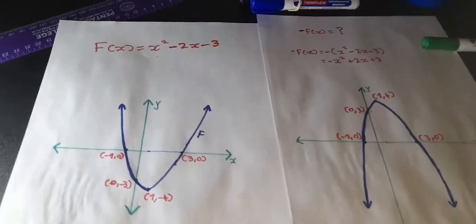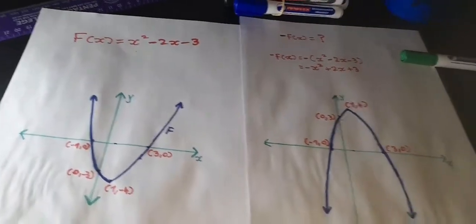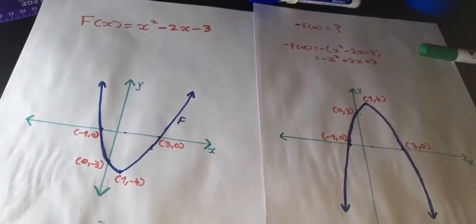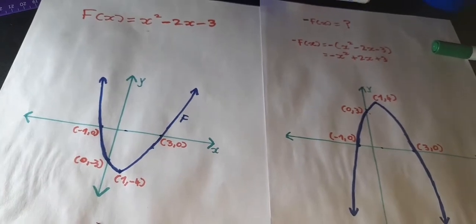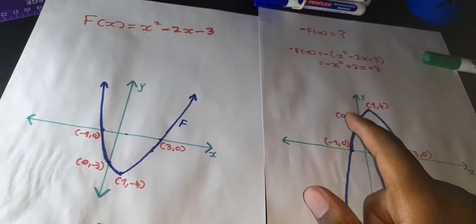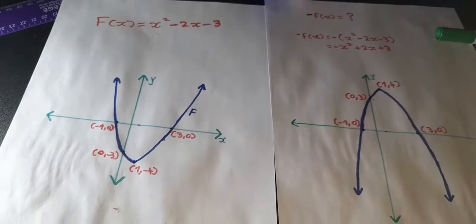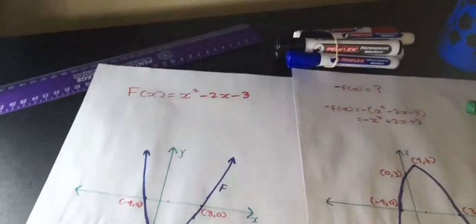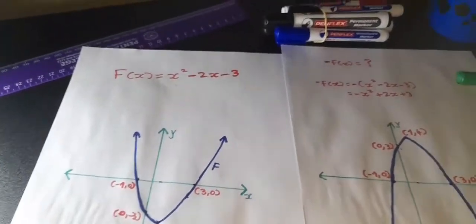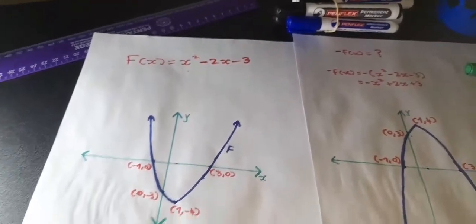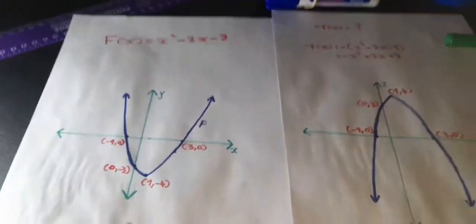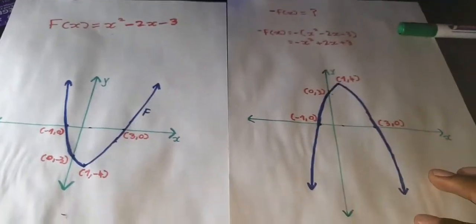So when we do −f(x), the x values stay the same and the y values change. When we do f(−x), the x values change and the y values remain the same. So please note this difference here.